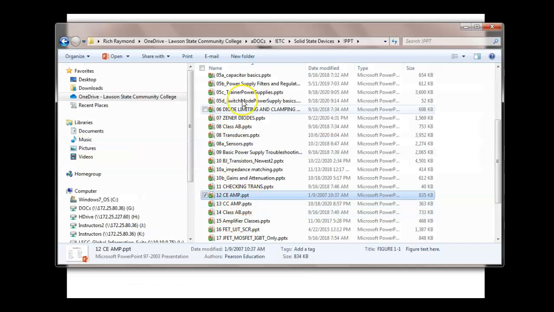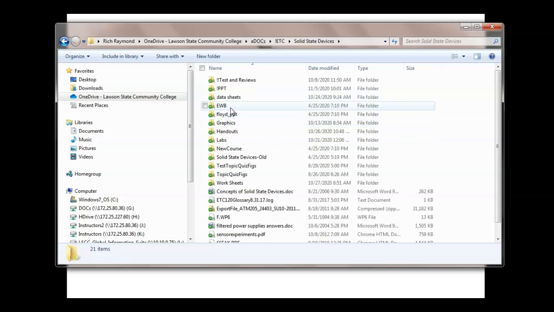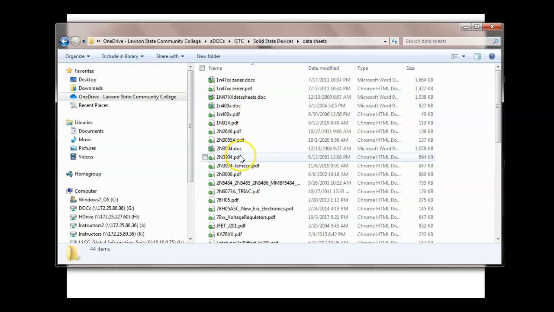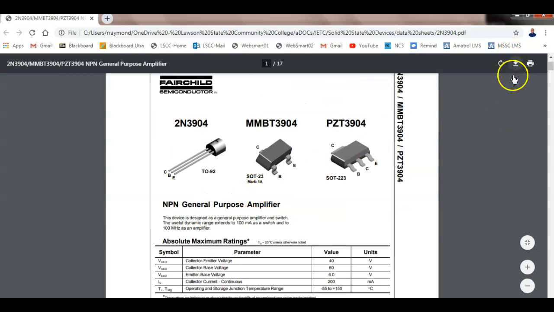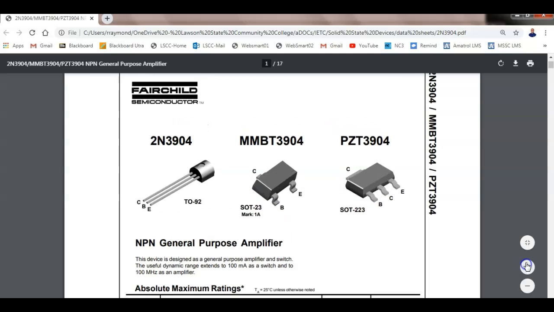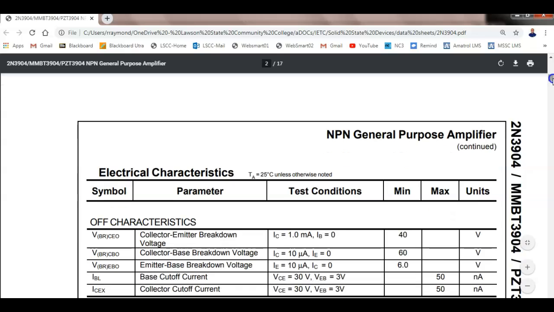So on the 3904, if I look at the data sheet on the 3904, which is the one we use most often, it says the breakdown voltage, the reverse bias voltage, base to emitter, is only what?